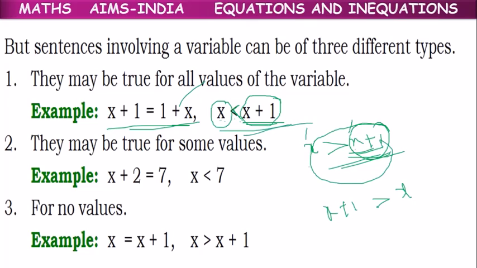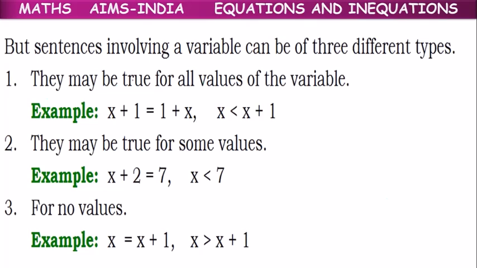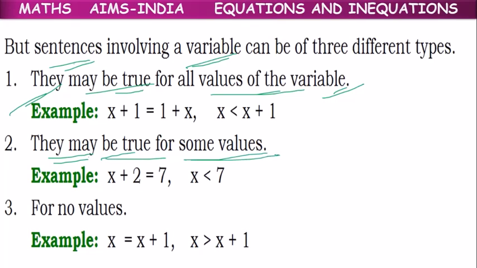Until this condition is satisfied, this will always be true. So sentences involving a variable may be true for all values of the variable. And they may be true for only some values.